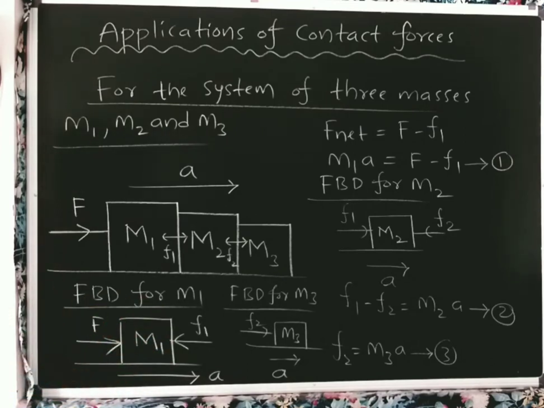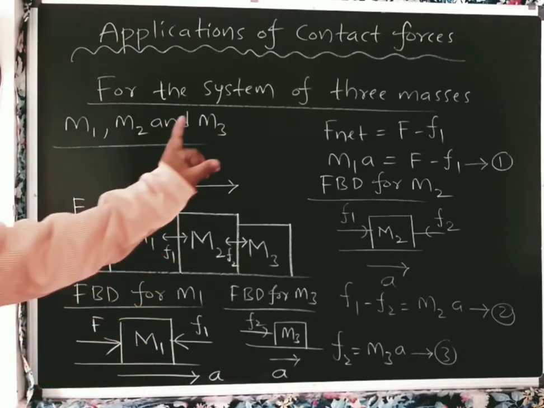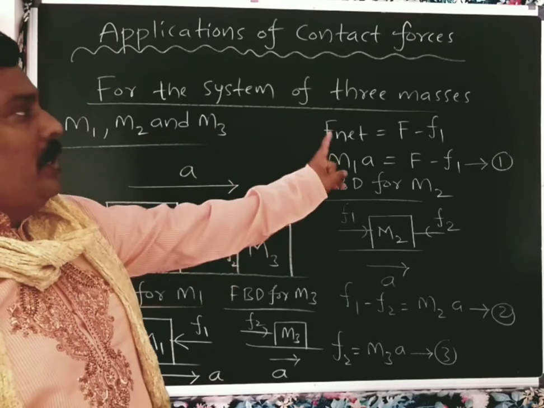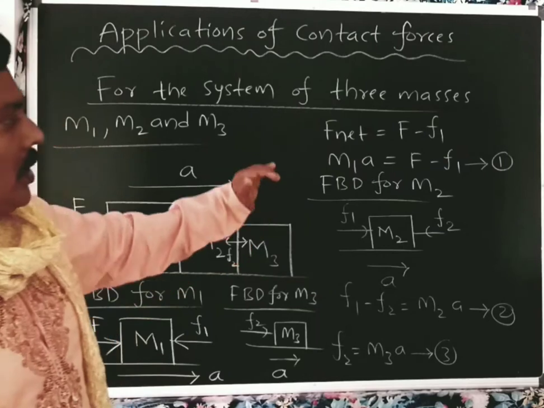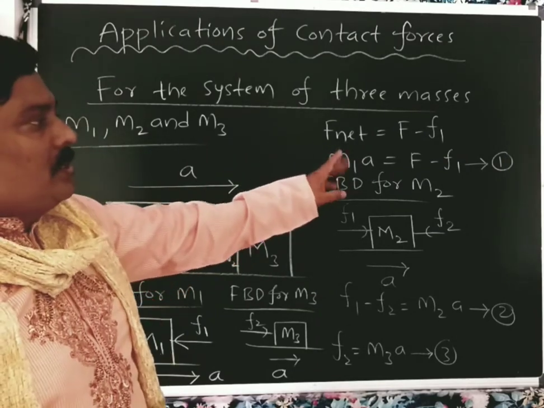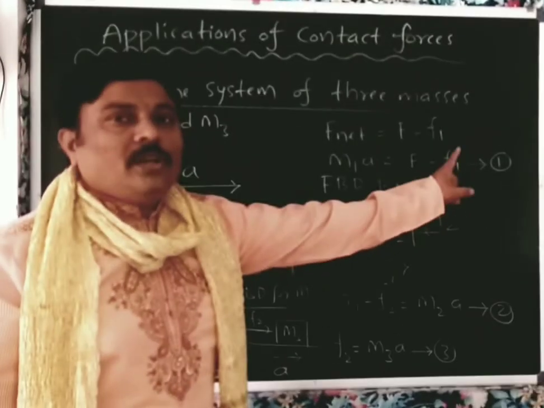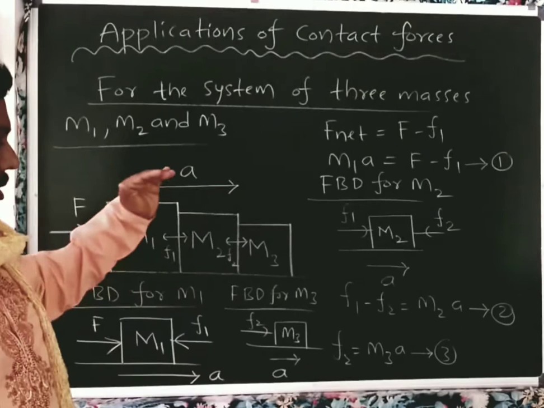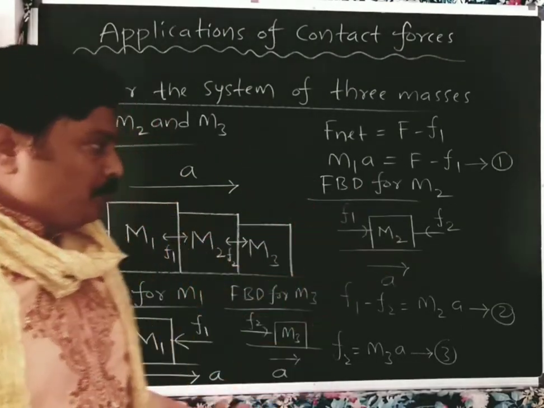From this diagram, the applied force F dominates the contact force F1, so we write F net is equal to capital F minus F1. According to Newton's second law, F net is equal to M1A is equal to capital F minus F1. This is equation 1.